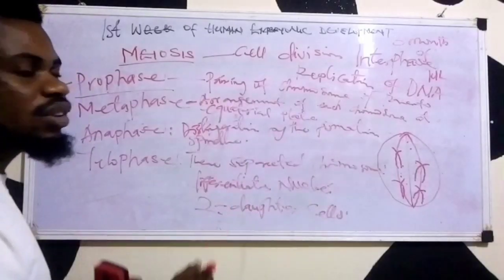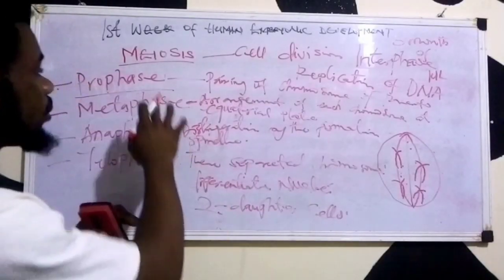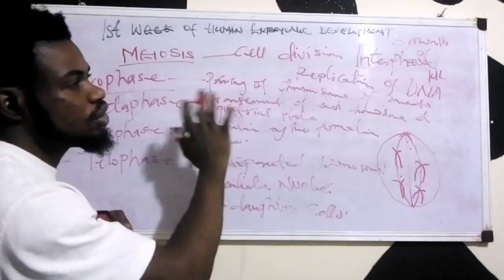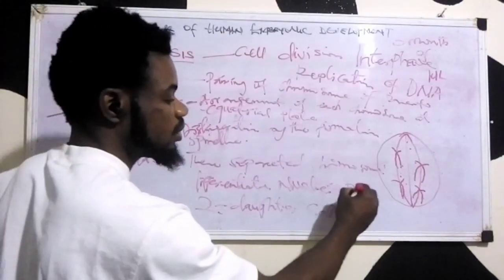And the second meiotic division is actually completed at puberty.